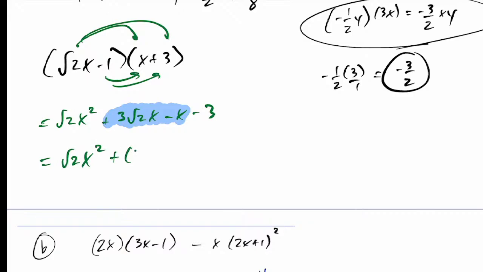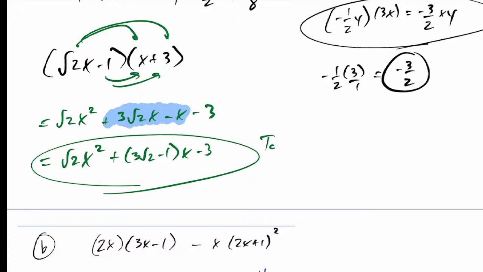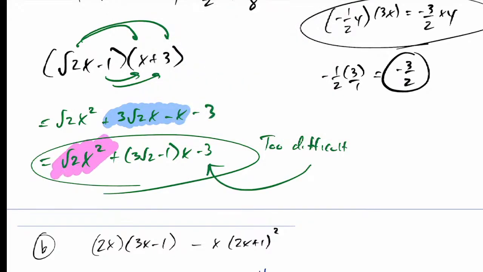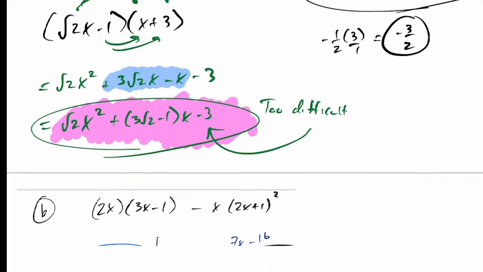So this would actually be 3 root 2 minus 1x minus 3. That came out too difficult, because we haven't really talked about putting together an irrational number and a non-irrational. That's what you get for that one.